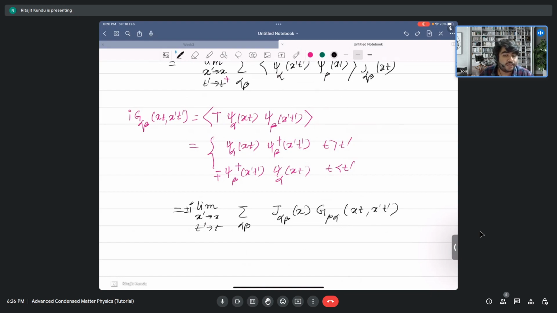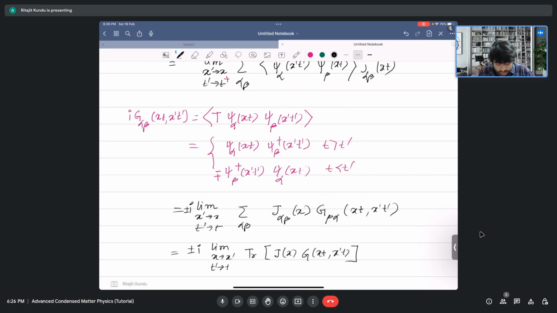This is alpha beta and beta alpha. Whenever you have this kind of matrix structure, you directly know it is a trace. So I can write this, with t prime going to t, as just a trace over J(x) times G(x t, x prime t prime), right?